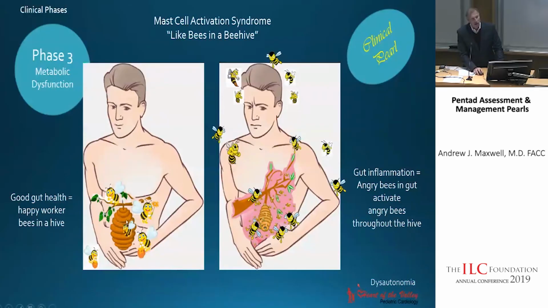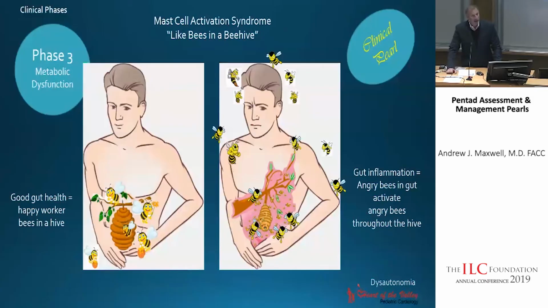If you think of the GI tract as the entrance to a beehive, and if you have happy bees in the entrance of the beehive, then you're going to have happy bees throughout the hive usually. But if you introduce some threat to the bees at the entrance of the beehive, it doesn't take very long before the entire hive is angry. And I think that's what happens with mast cell activation syndrome.